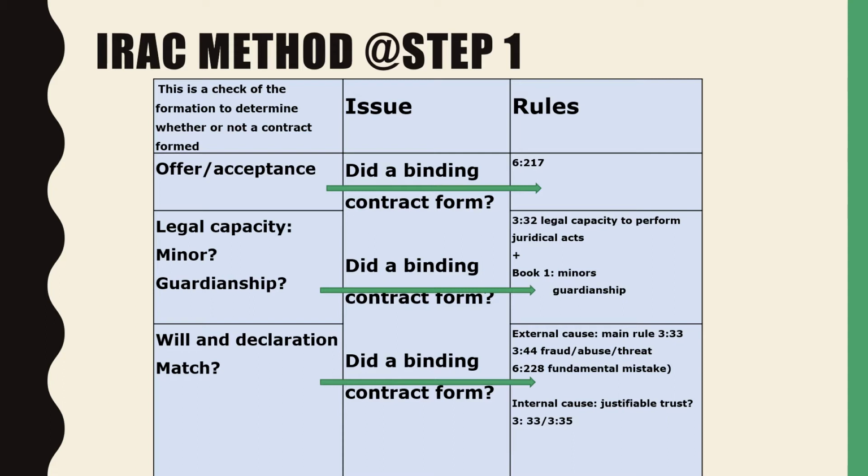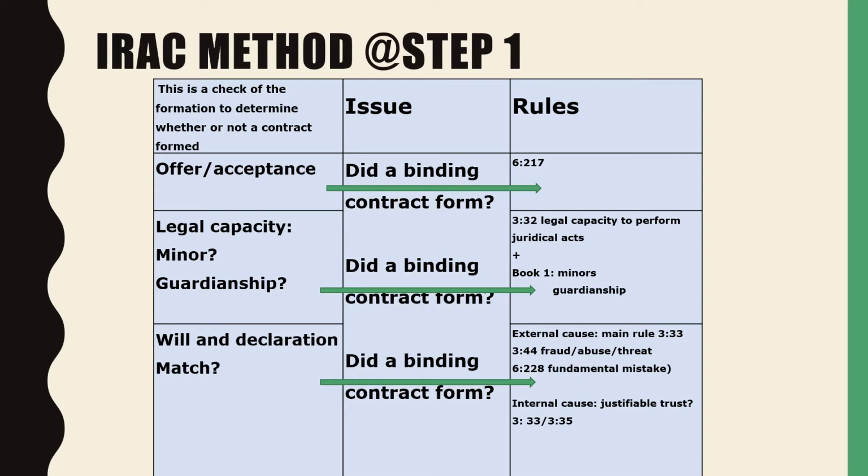With offer and acceptance, we have rule 6 to 17. And why is that? Rule 6 to 17 says any contract needs an offer and an acceptance to be binding. So that also means that if you miss an offer or an acceptance, there will not be a binding contract.